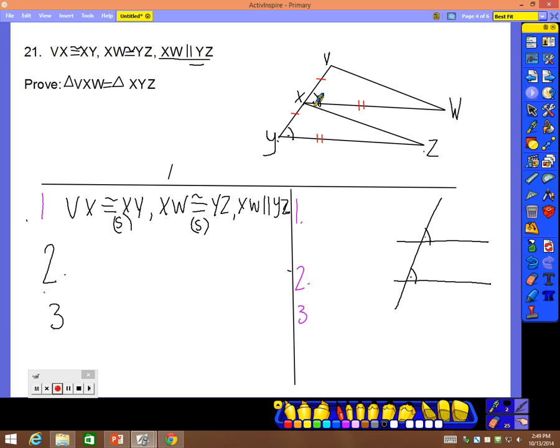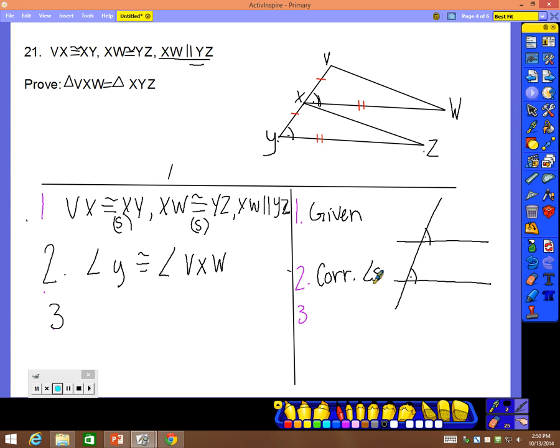So now I'm going to write my information. I already have my two sides. I just need that angle. So I'm going to say angle Y is congruent to angle BXW. And that reason, we better put given here. And that reason was corresponding angles.